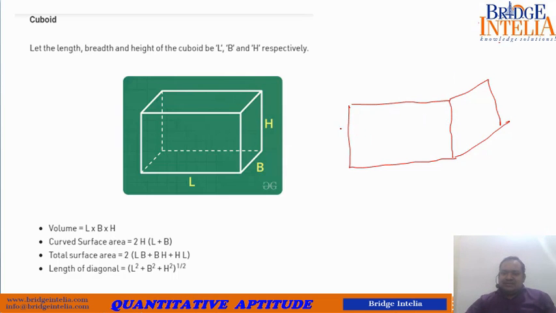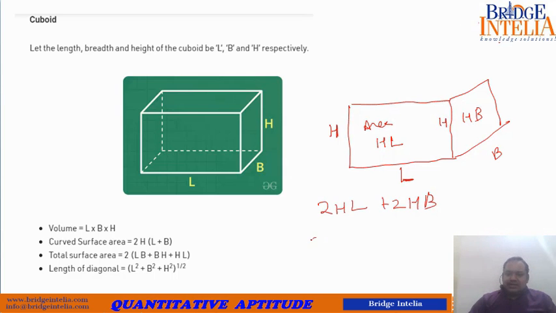So if this is H, this is L, this is B, the area for this is H into L. The area for this, because this will also be equal to H, is H into B. So the curved surface area of a cuboid is 2 times HL, because one surface is this and the other surface opposite to this is not visible here, plus 2 times HB. So here you can see that 2H can be taken as common. You need not remember this formula, just understand what is actually meant by curved surface. Now the total surface area.